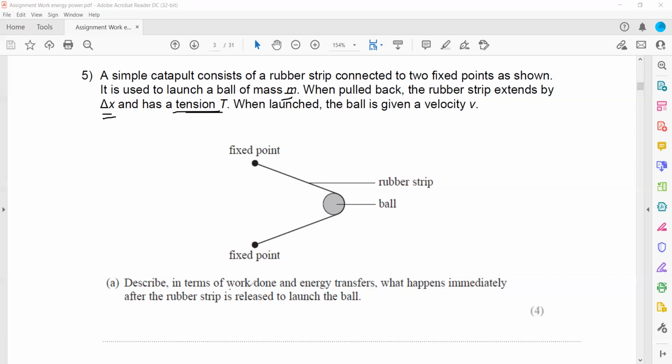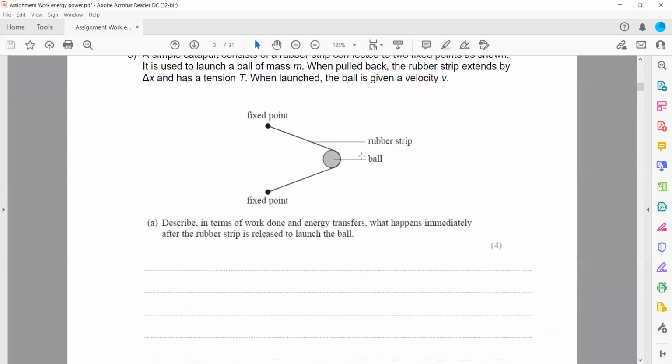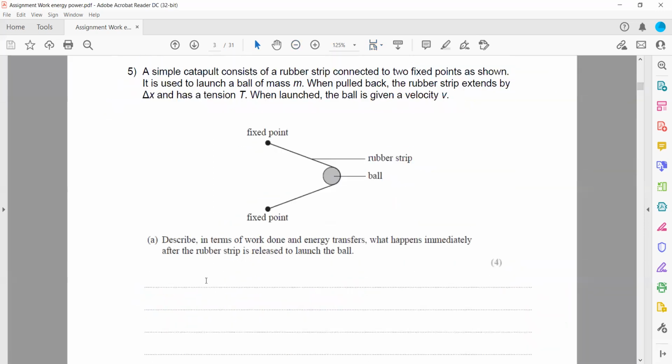Describe in terms of work and energy transfer what happened immediately after the rubber strip is released to launch a ball. And see the weightage of the mark, it's of 4 marks. So basically what happened, in terms of work done, we have to use the terms work done and energy.